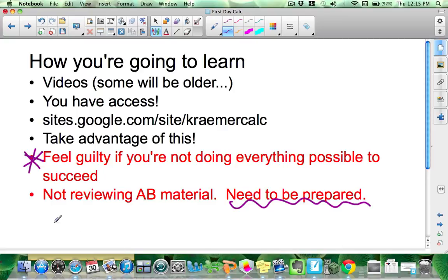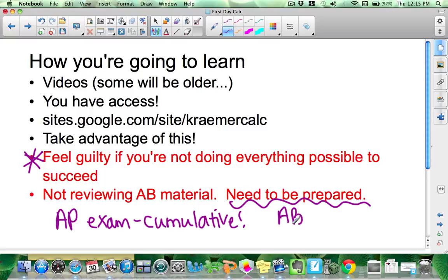Another reason for this is that the AP exam for Calc BC is cumulative, meaning it contains both AB and BC topics. In fact, 60% of the exam consists of AB topics, and hopefully you can do this math.